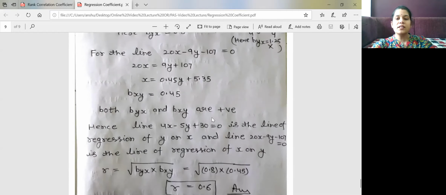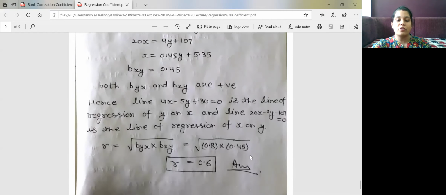Here both the regression coefficients, that means byx and bxy, are positive. Hence the line 4x minus 5y plus 30 equal to 0 is the line of regression of y on x, and the line 20x minus 9y minus 107 is equal to 0 is the line of regression of x on y.